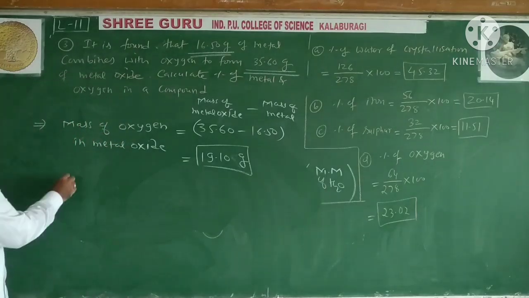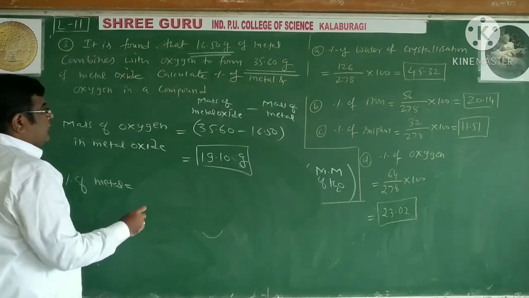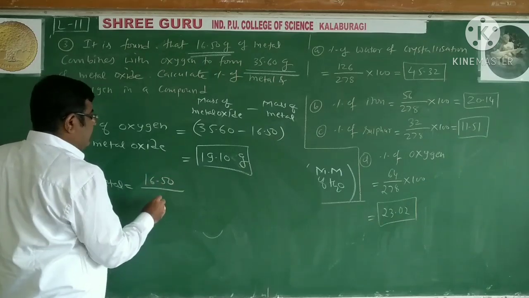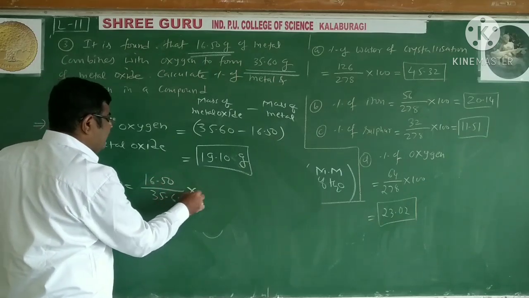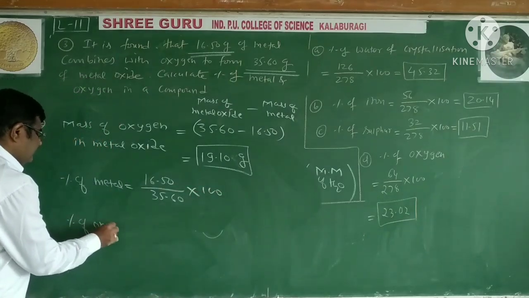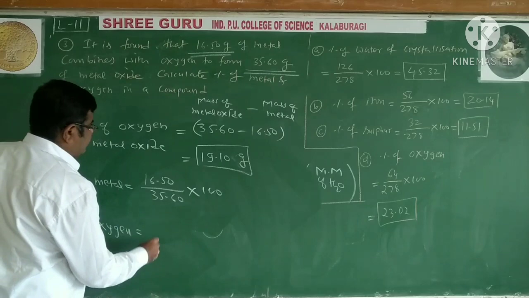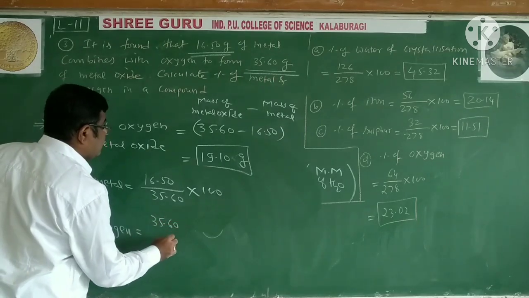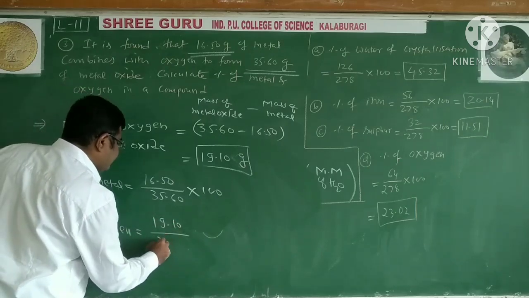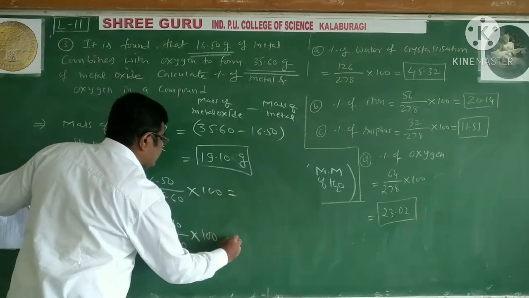So you can say percentage of metal. Metal is 16.50, metal oxide is 35.60, multiplied by 100. And percentage of oxygen is equal to oxygen 19.10 over 35.60 into 100.